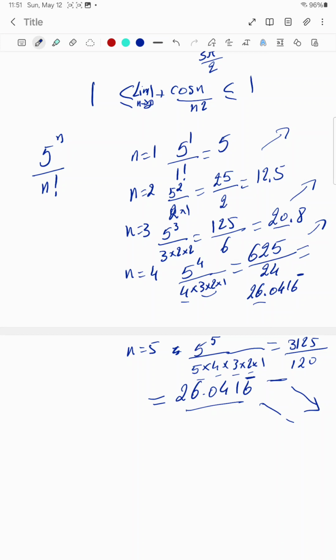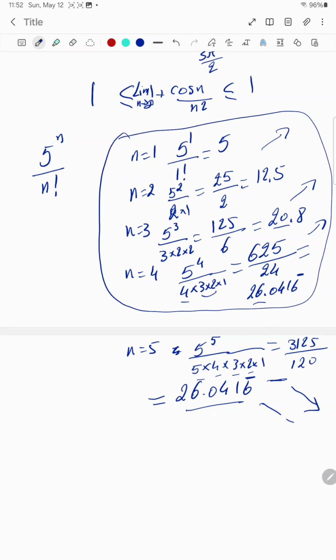So I know there is a theorem that says if a sequence is huge, like when n goes to infinity, I can disregard a finite number of terms from the beginning of my sequence or from the end of my sequence. If I ignore the first four terms of my sequence, my series becomes strictly descending.